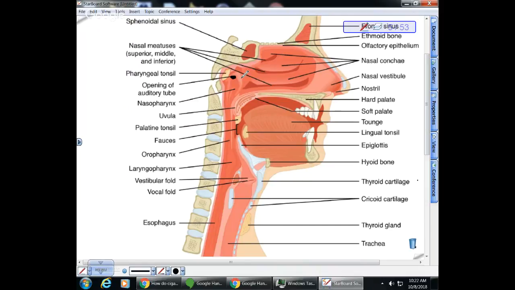Interestingly, there has been a push to not give antibiotics to babies and young children so frequently, and so sometimes it's really hard to get antibiotics for that middle ear infection.